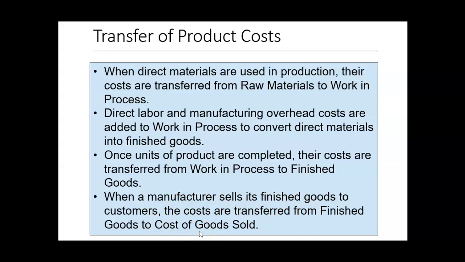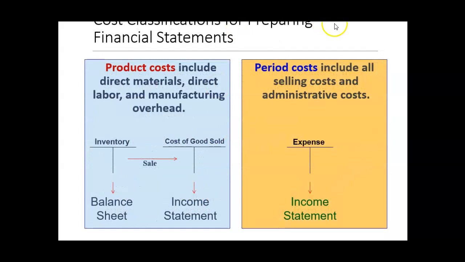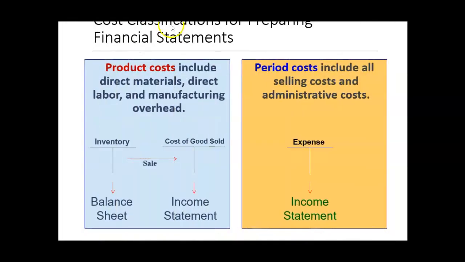I know there's a lot of terminology. This first chapter has a lot of new terms, but we're going to break them all down so you have a better understanding of these different terms such as raw materials, work in process, finished goods, as well as cost of goods sold.